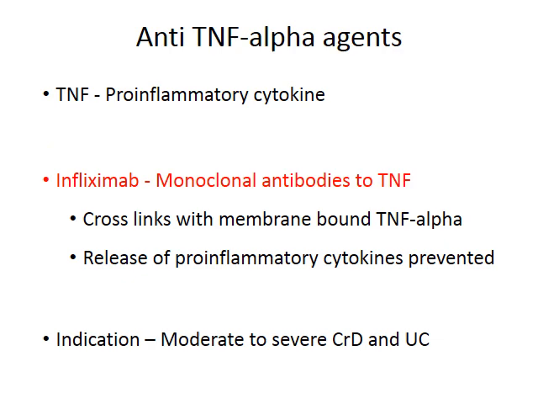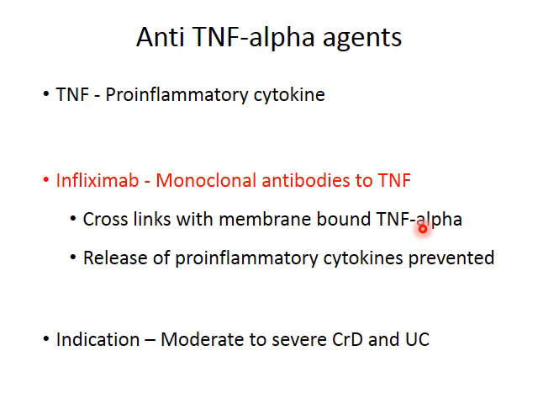And the last group is anti-TNF alpha agents. In inflammatory bowel diseases, tumor necrosis factor is an important pro-inflammatory cytokine, and to inhibit that cytokine, infliximab, a monoclonal antibody of TNF, is used. Infliximab can make a cross link with the membrane bound TNF alpha receptor and inhibit T cells and macrophages.